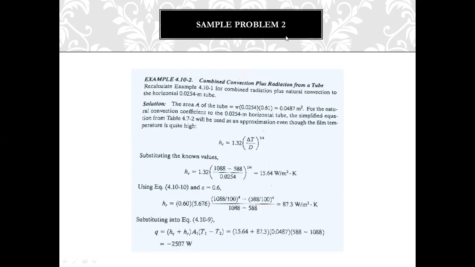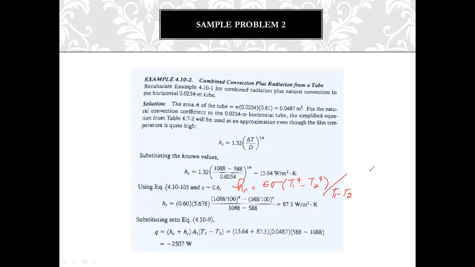The equation 4.10-10, if you're working in SI units, is equal to emissivity times the Stefan-Boltzmann constant times T sub 1 raised to 4 minus T sub 2 raised to 4, and then we divide it by T sub 1 minus T sub 2.